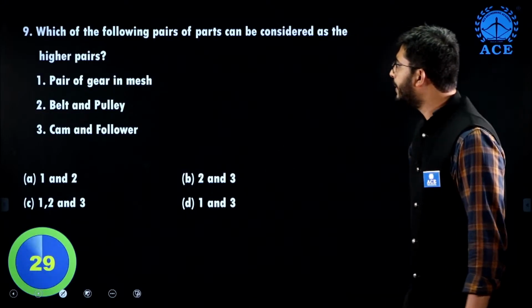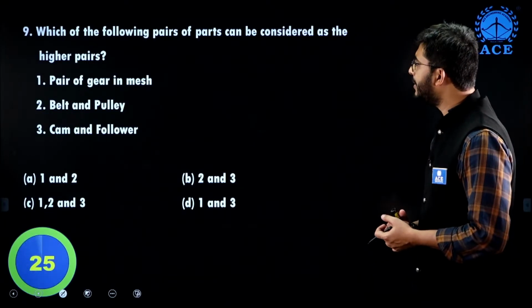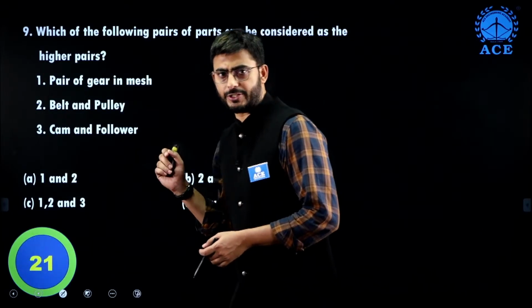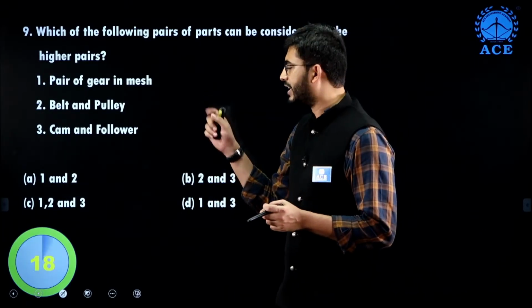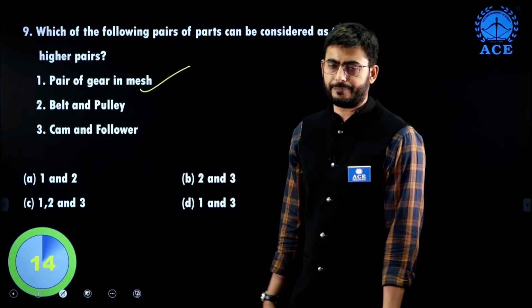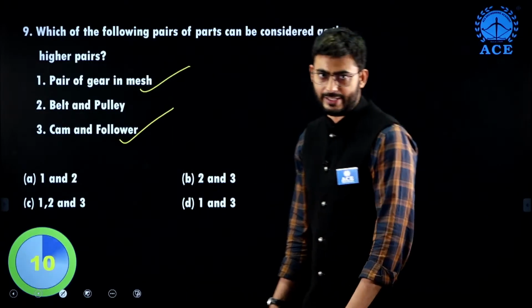Which of the following pairs of parts can be considered as higher pair? So gear in mesh is an example of higher pair. Gear is called a higher pair, and even cam and follower is also called a higher pair.